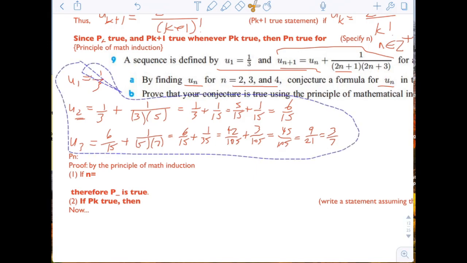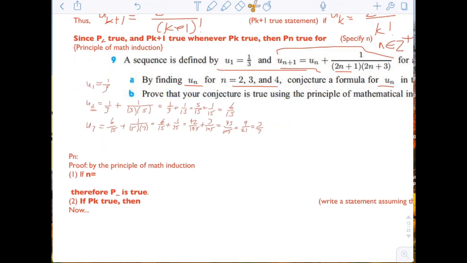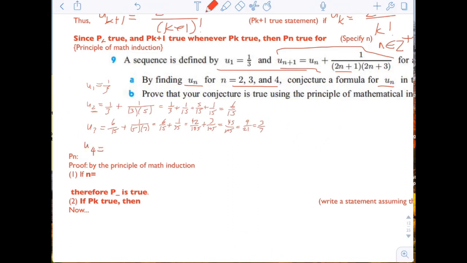Okay, so now go to U4, because U4 is the last one we're supposed to do. U4 is equal to 3/7 plus 1 over, and this time we're going to put 3 in for n, so it would be 2 times 3 plus 1, which is 7, and 9.